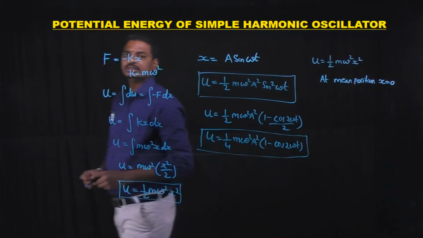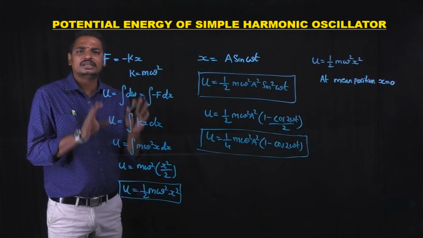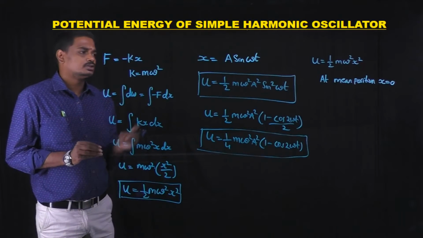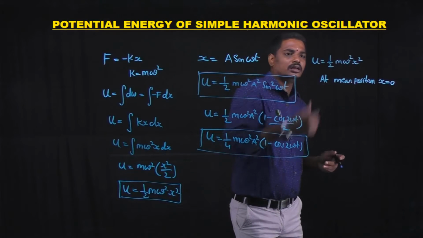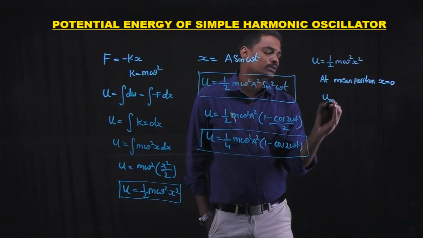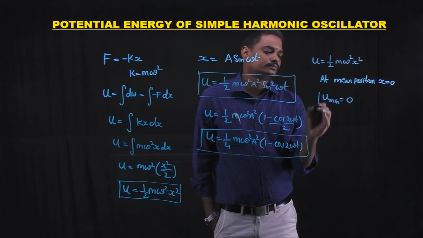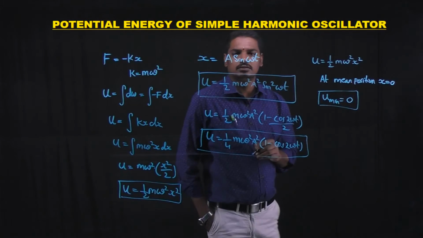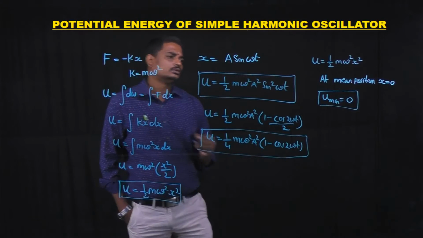Why is displacement 0? Because displacement is always calculated from the mean position. Substituting the value of x in this expression, U minimum is equal to 0. The minimum value of potential energy is 0.